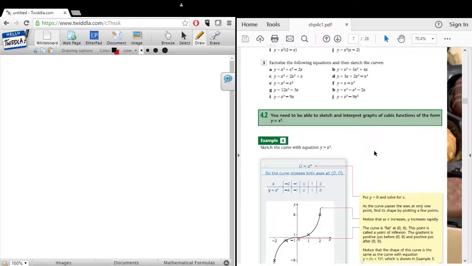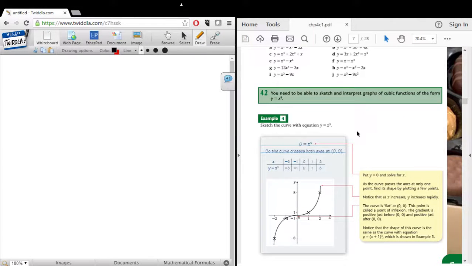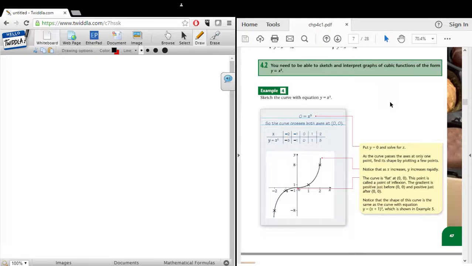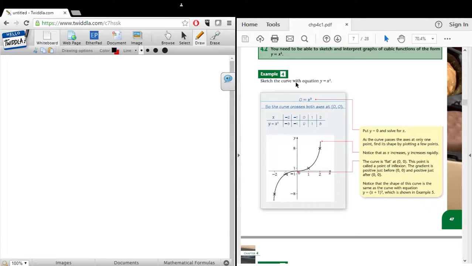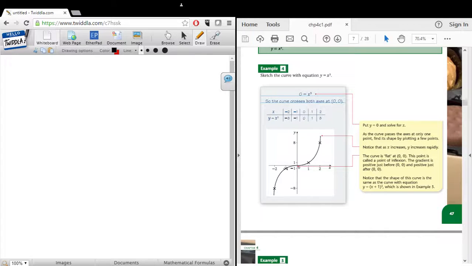So this is where we come to 4.2. You need to be able to sketch and interpret graphs of cubic functions of the form y equals x cubed. So in example 4, we can see that equation y equals x cubed.